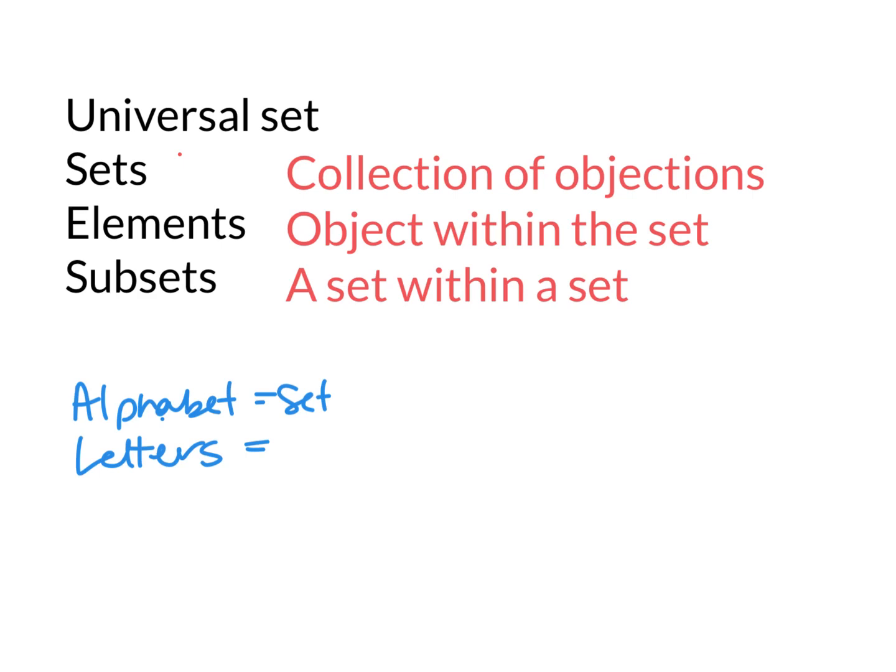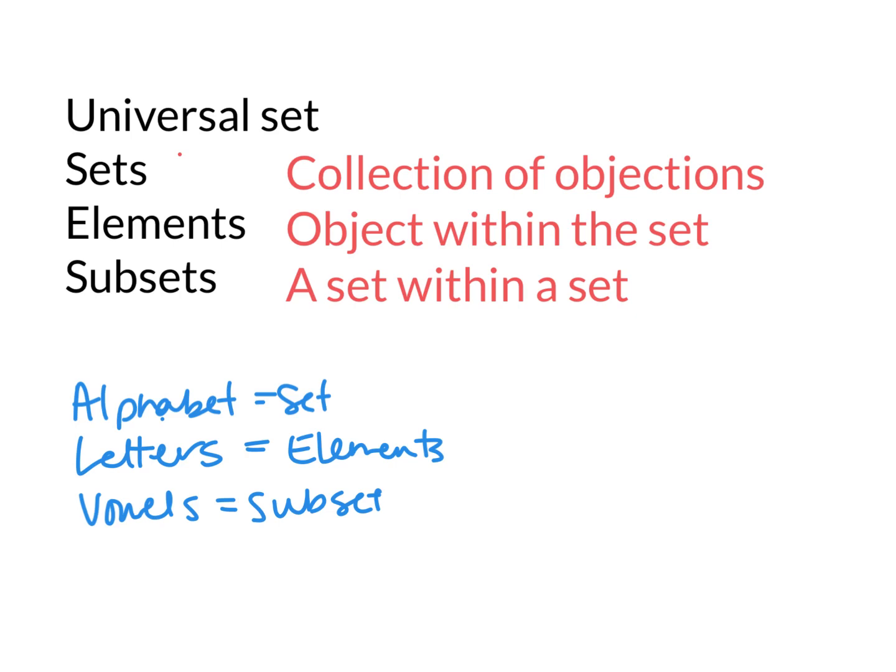And there's a variety of different subsets that could be within that. So for instance, different subsets would be like the vowels, right? That would be a subset. Or you could say the consonants, or you could say A, B, C, D, E is a subset. All of those are subsets within it.